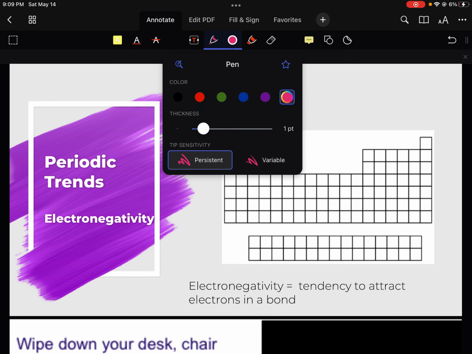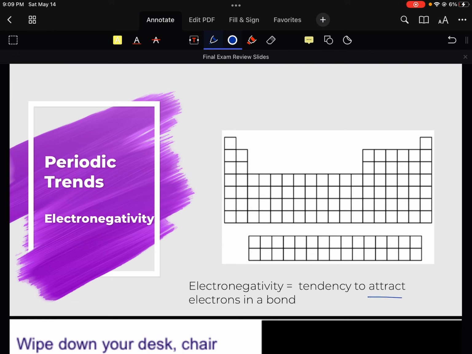For electronegativity, this is attracting electrons. It's almost the opposite definition, but it works the same trend-wise, because if we're attracting something, that means I want to be able to hold on to it or pull it closer to me. So I need a stronger magnet. So as our energy levels increase, our attraction gets weaker. So that means that we have low electronegativity, because I can't attract anything if it's far away from me.